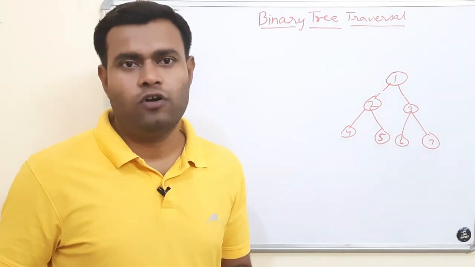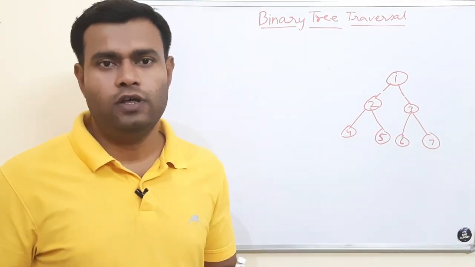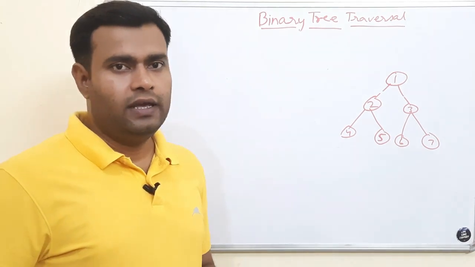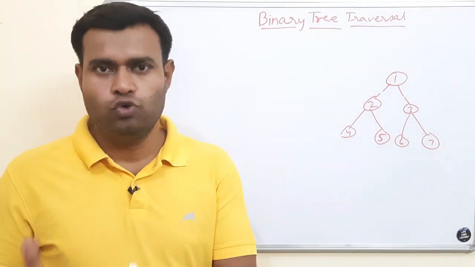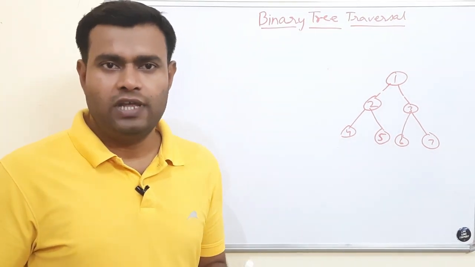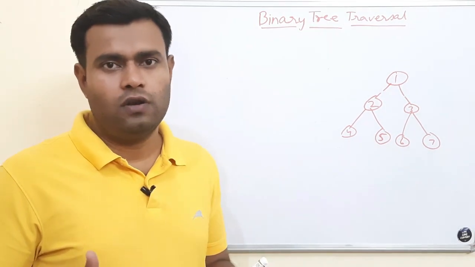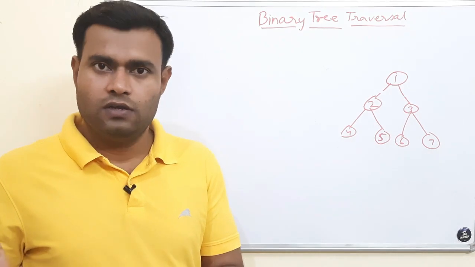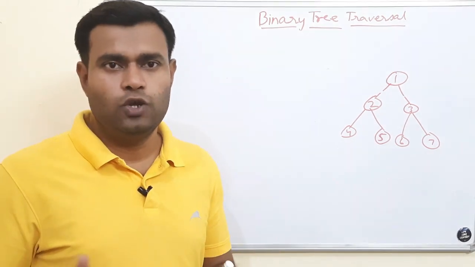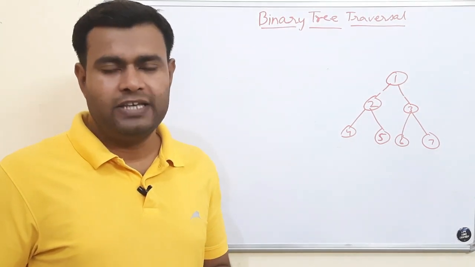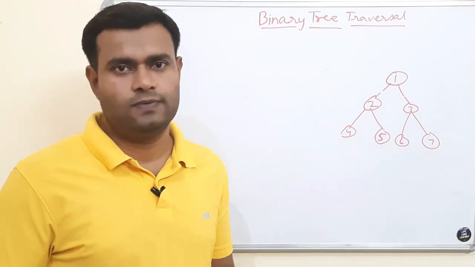So let's see the code of preorder, inorder and postorder. Here I will talk mostly about the pseudocode, so that based on whichever language you prefer, whether it is JavaScript or Python or Java, C++, you can replicate that based on the syntax of that particular language.